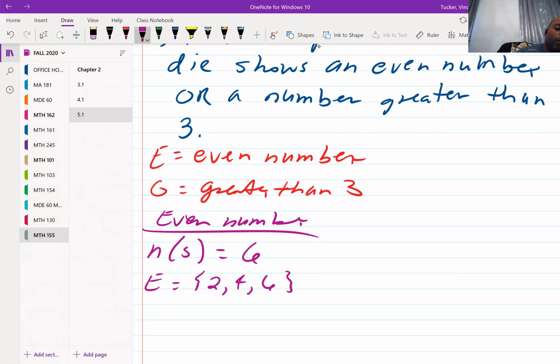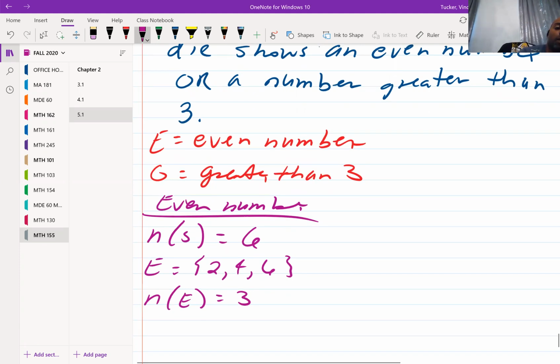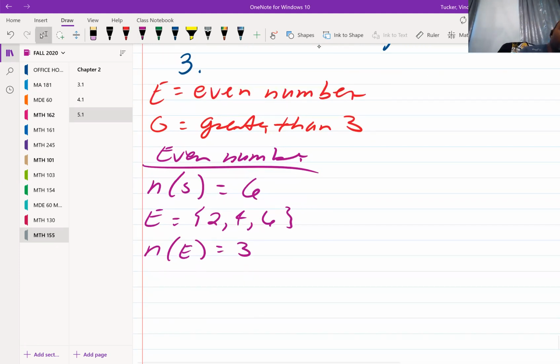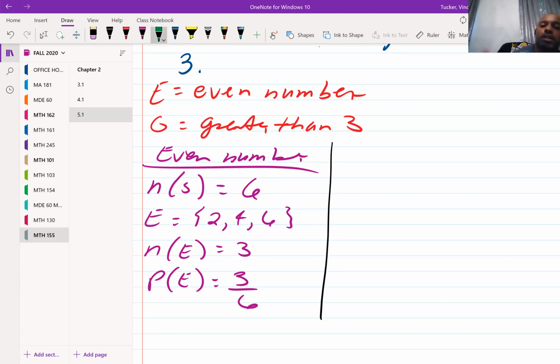So the number of even numbers is 3. We have 3 numbers that fit that description. So the probability of getting an even number is going to be 3 over 6. All right. Any problems? Everybody good?